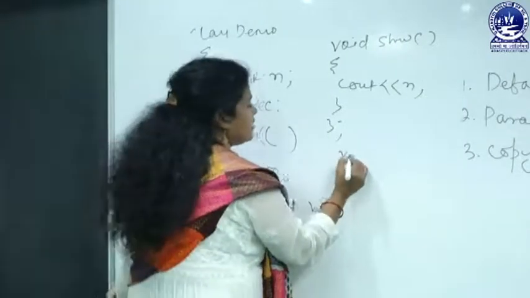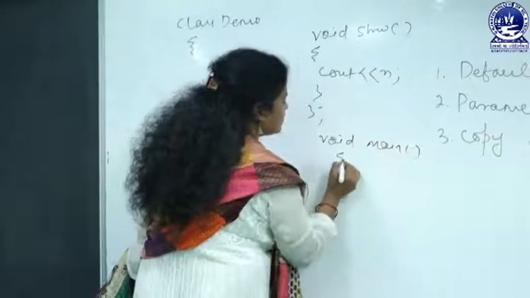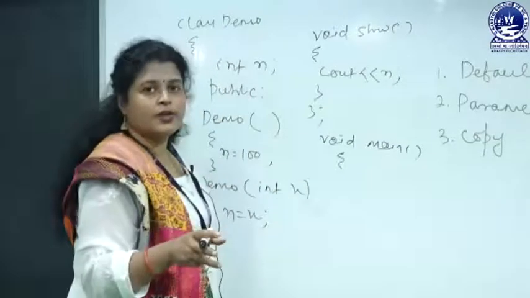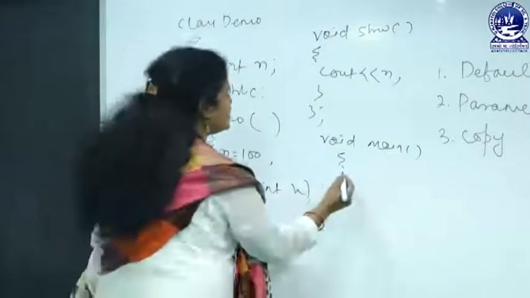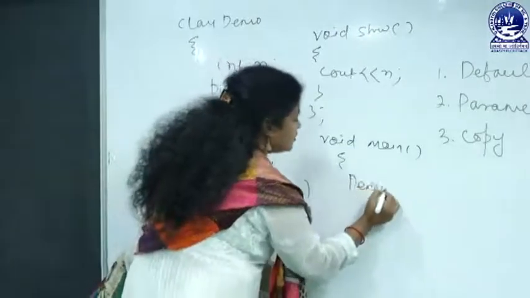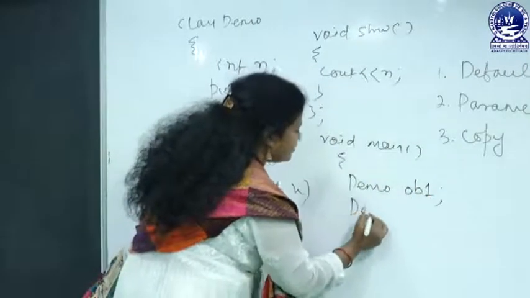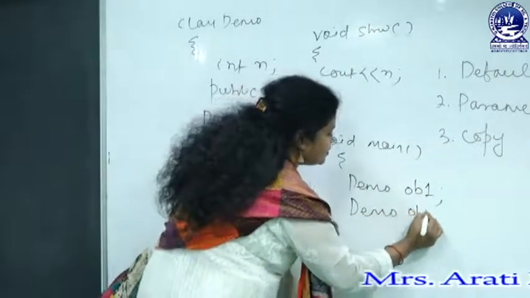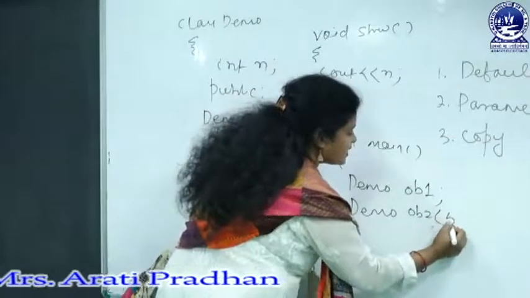Then in the main function, void main, I am using two objects to show you the use of two different constructors differently. Suppose demo OB1 and demo OB2, here I am passing 50.